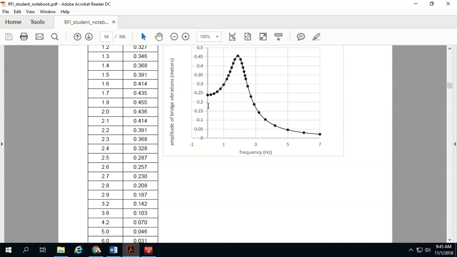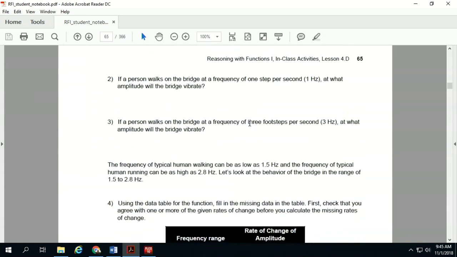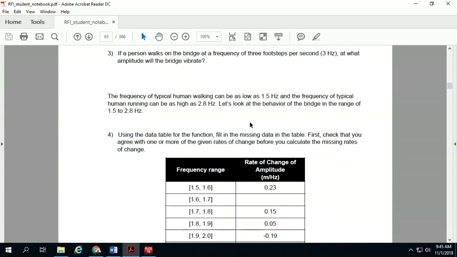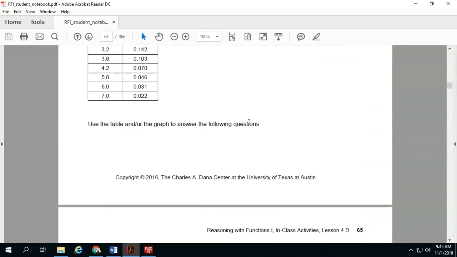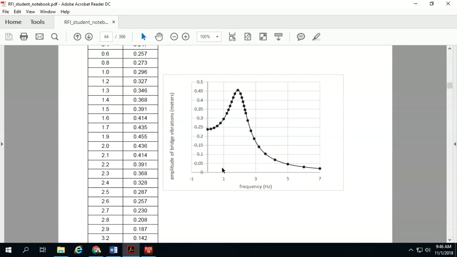Number 4, or I'm sorry, just above number 4. The frequency that a typical human walking can be as low as 1.5 hertz, and the frequency of a typical human running can be as high as 2.8. So if you look at the graph from 1.5 to 2.8, what do you see on that bridge?